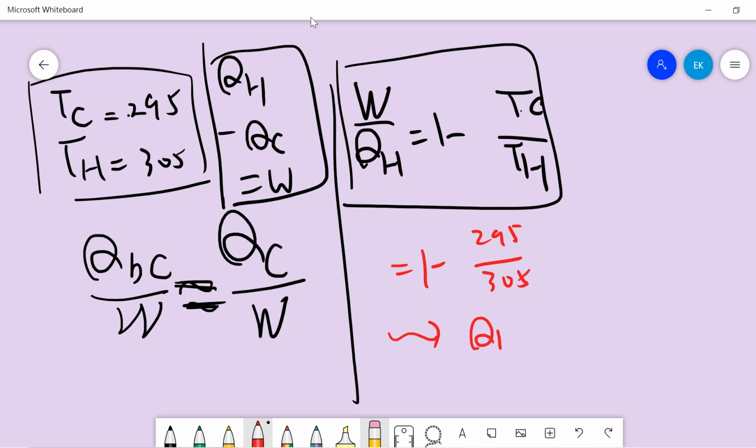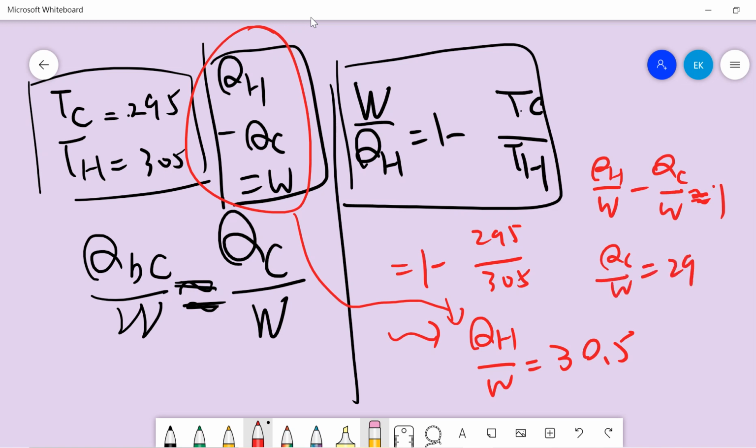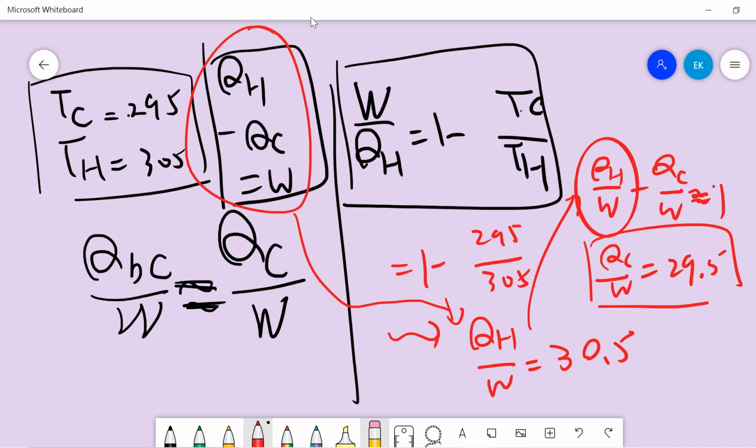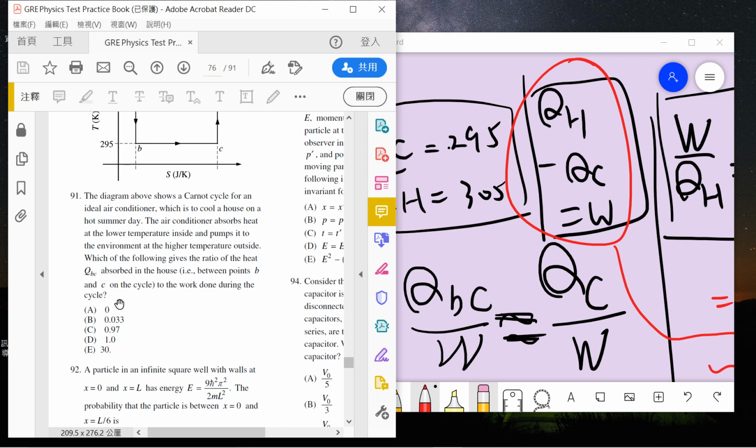So you get QH over W. Since you know this, QH over W minus QC over W is close to 1, so QC over W is 29.5. The answer is very close to 30, so the answer is E, 30.